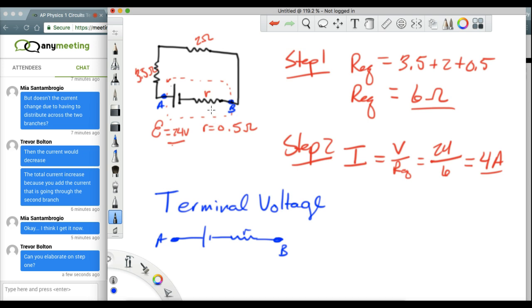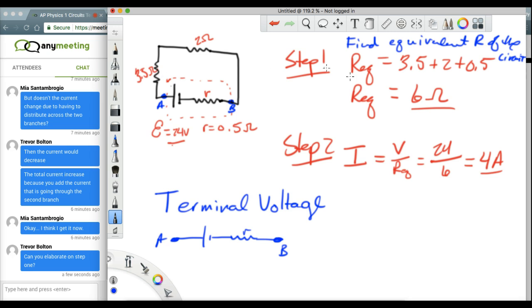Trevor says, can you elaborate on step 1? Step 1 is to find the equivalent resistance of the circuit. So I'm going to treat this resistor as if it's in series with this one and this one, because it is.